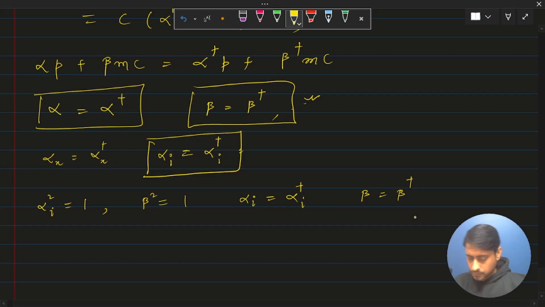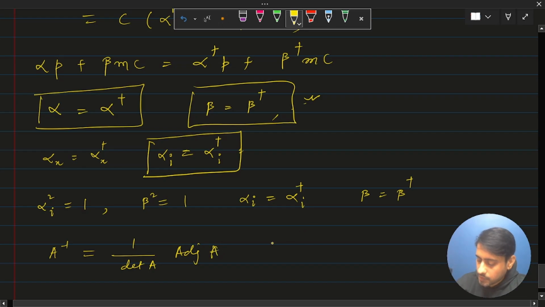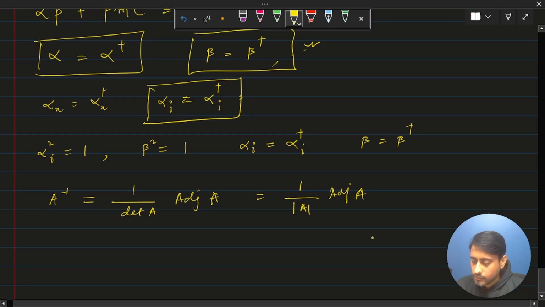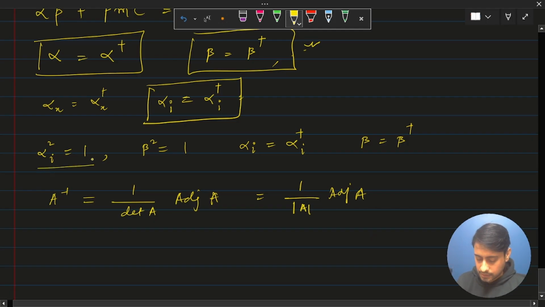So you also know that the inverse of a matrix is given by 1 over determinant of A into adjoint of A. Okay, if you remember, sometimes people write it as 1 over determinant of A and adjoint of A. Because you know that alpha i square is 1, let's write it once again, and multiply both sides by alpha i inverse.